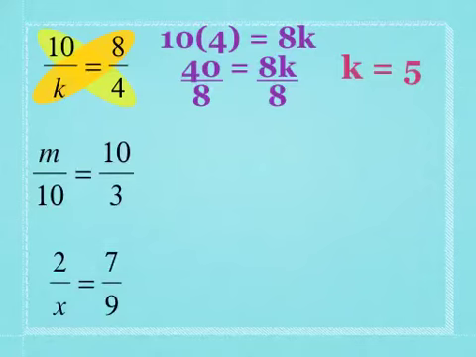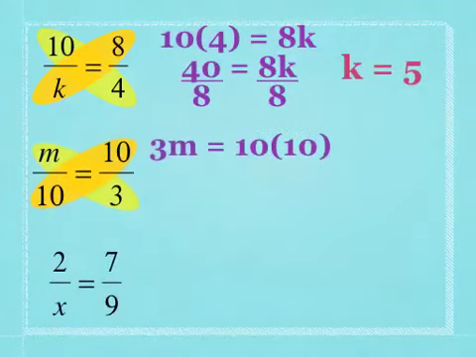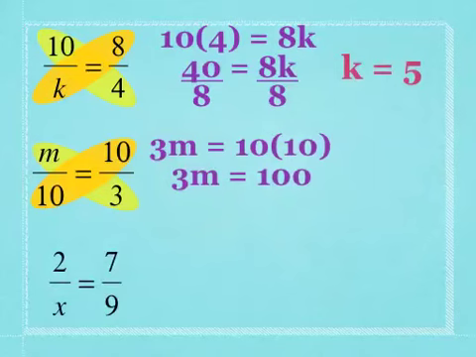In the next example, I have m over 10 equals 10 over 3. When I cross multiply here, I would multiply m times 3 and set it equal to 10 times 10. Go ahead and multiply. 10 times 10 is 100. So I have 3m equals 100. I need to go ahead and get m by itself by dividing by 3 on both sides.